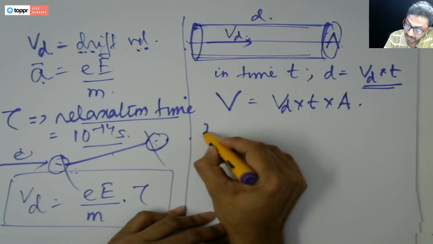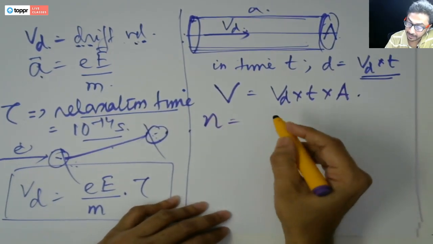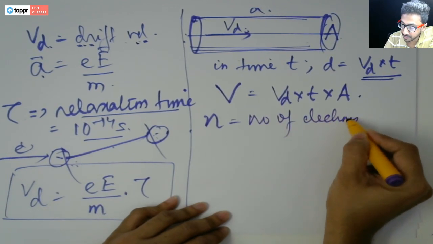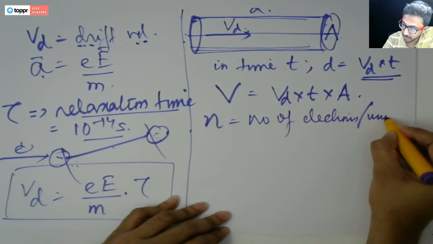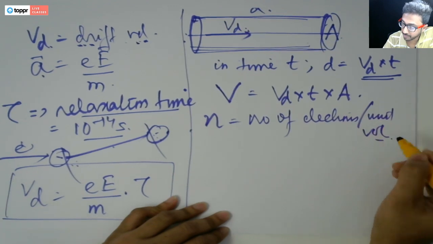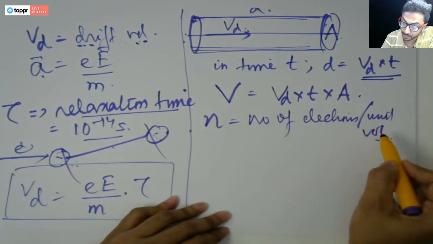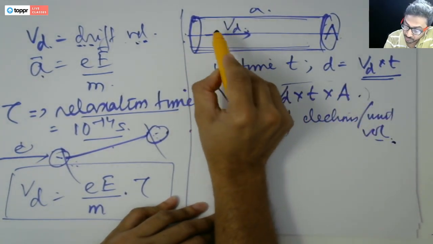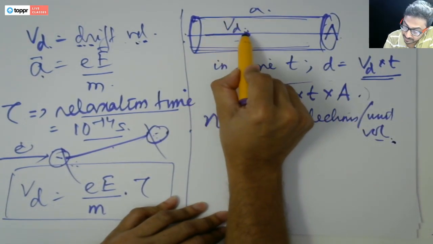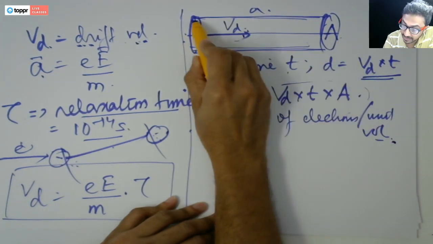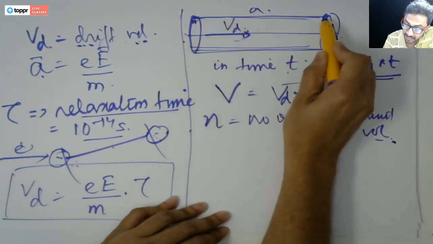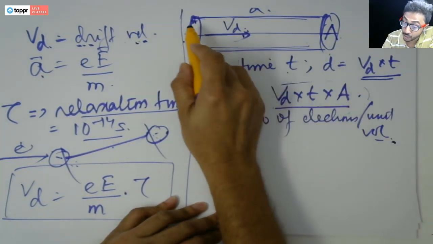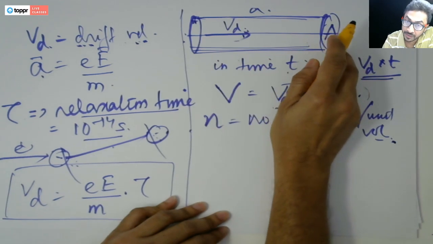Now let n be the number of electrons per unit volume. When an electron moves with a velocity Vd in time t through a cross-section area A, it draws a volume of Vd into t into A. And so how many electrons will be there within this?